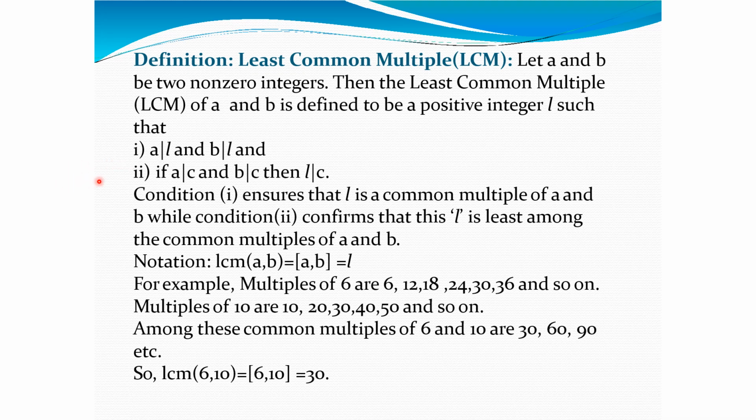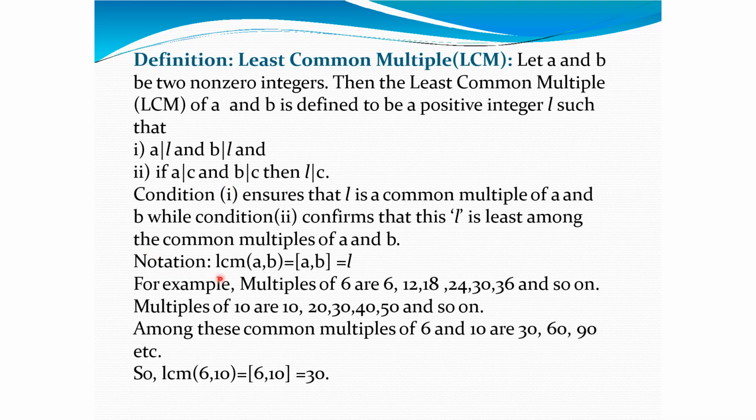Secondly, if a divides c and b divides c, then L divides c. It means if c is a common multiple of a and b, then L divides that c. So condition 1 ensures that L is a common multiple of a and b, while condition 2 confirms that this L is least among all common multiples of a and b.